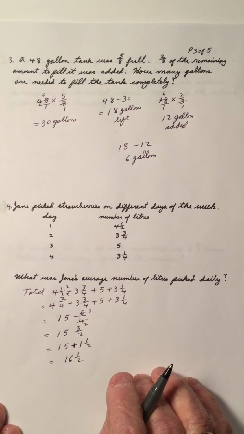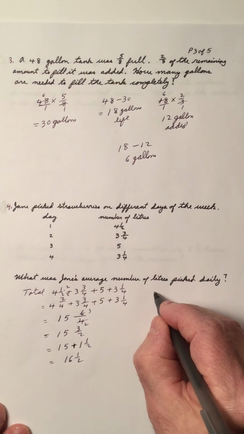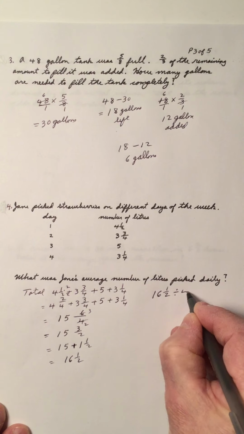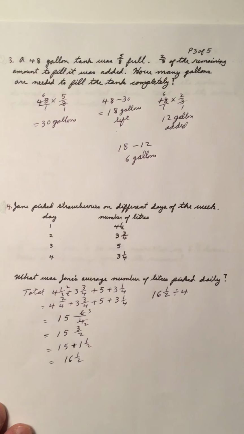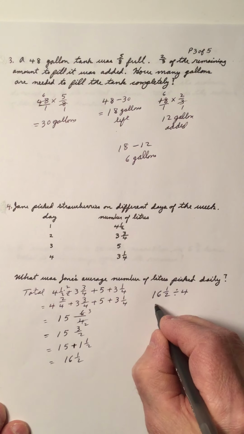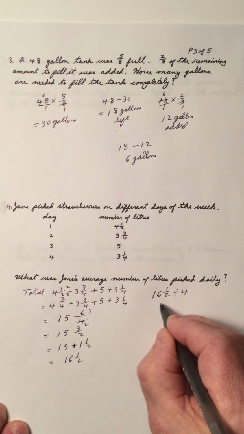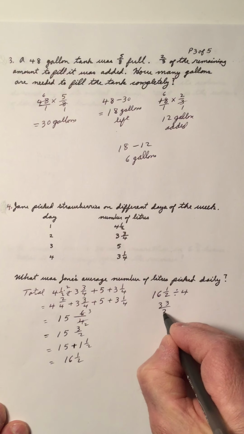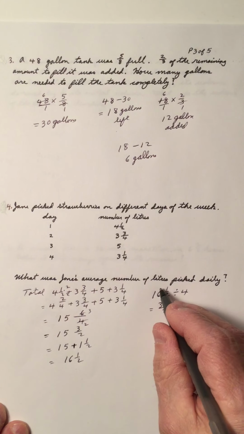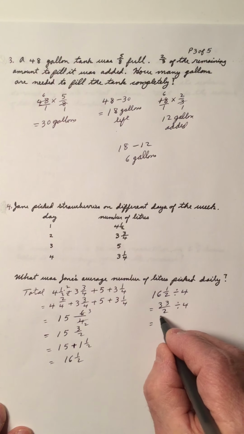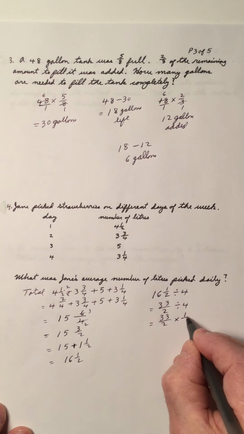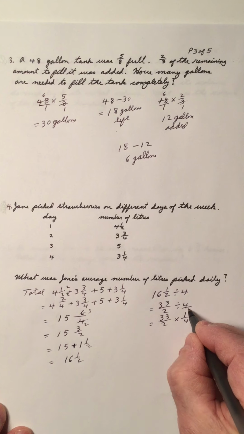So if we take the total number of liters that we picked in 4 days and divide it by the number of days, we will get, on an average, how many she picked each day. So 16 times 2 plus 1 is 33 over 2 divided by 4, because we change our mixed number to an improper fraction. 33 over 2 times 1 over 4. 4 is 4 over 1.